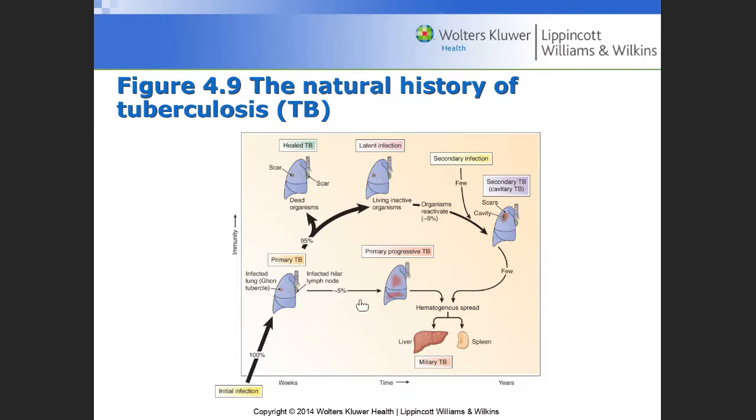All right, as I mentioned to you earlier, 5% of the people will develop primary progressive TB, right? But 95% of the population, after the initial infection, might get a fever a little bit, but then they recover.